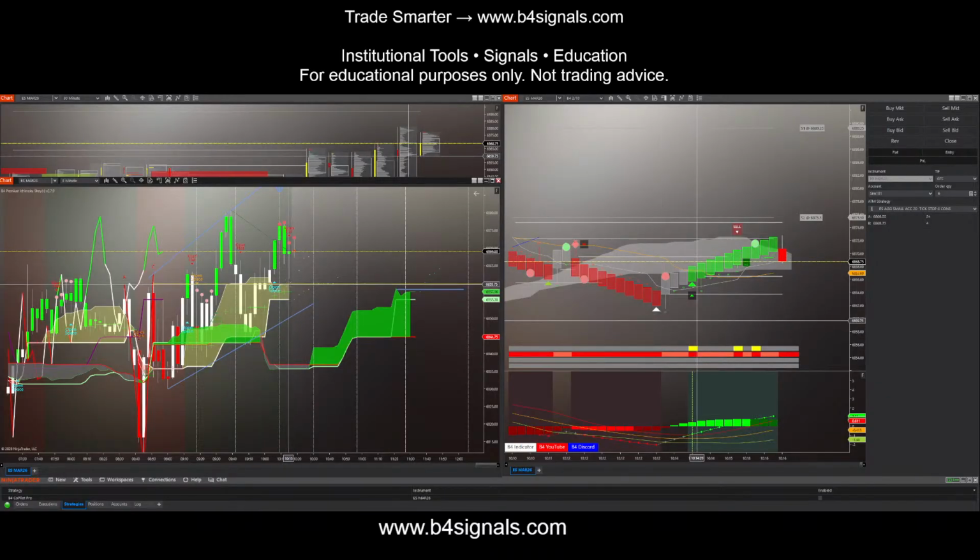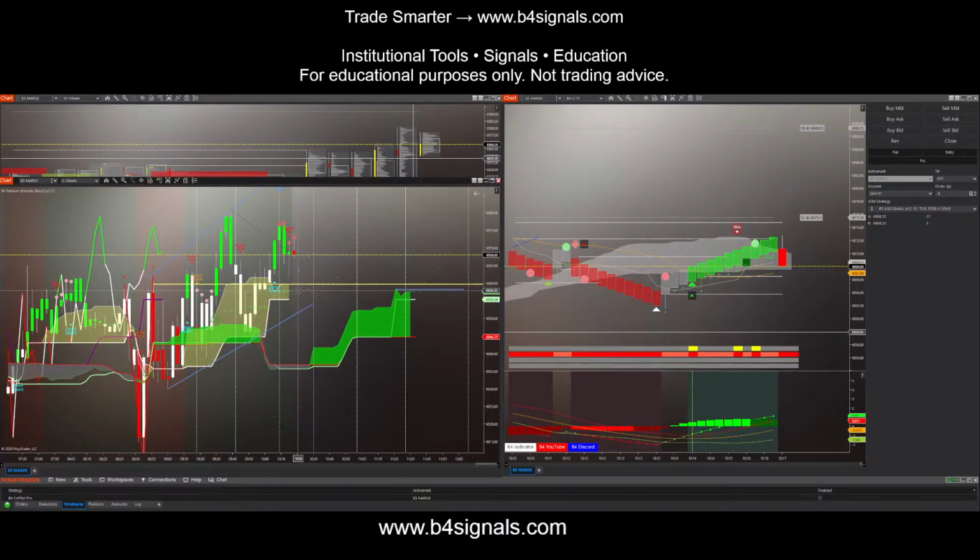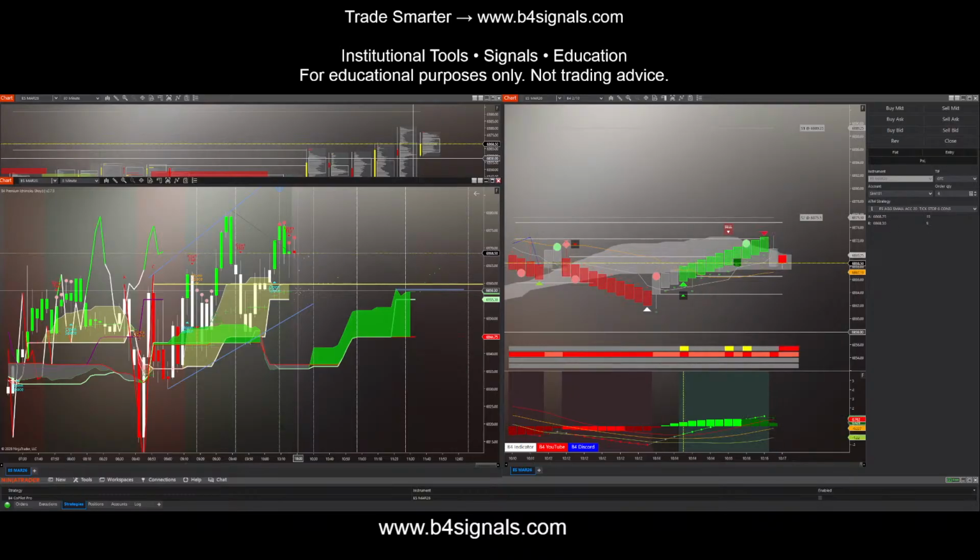These lines are not static. They are dynamic. In that regard, they're not really lagging indicators. I've been watching these for long enough.